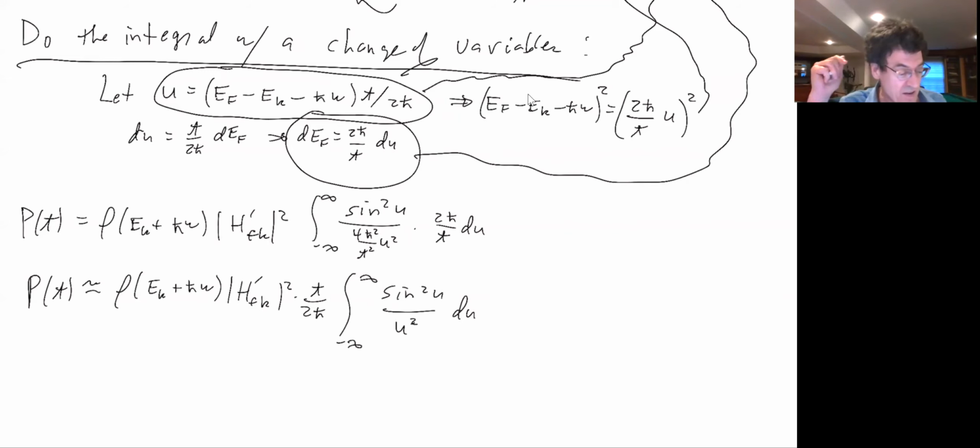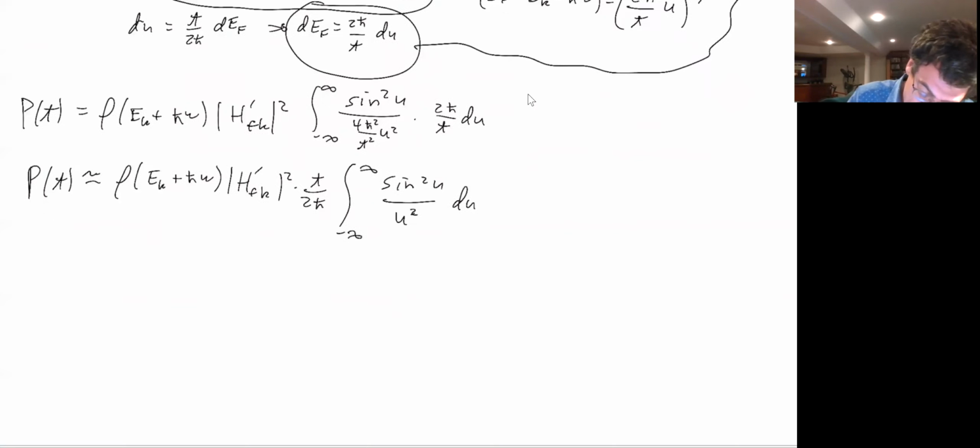And it turns out that this is a famous integral. You can look it up in a book. And it equals none other than our old friend pi. Yay, pi.